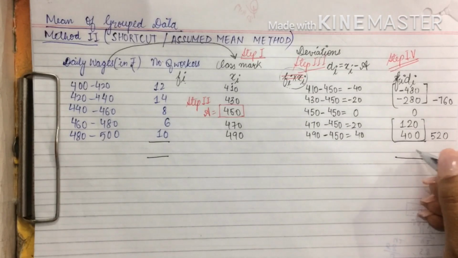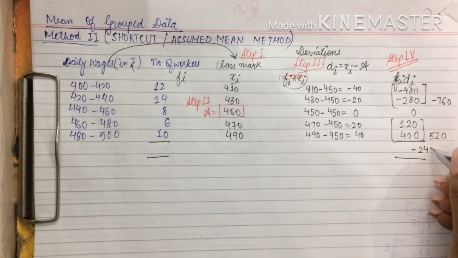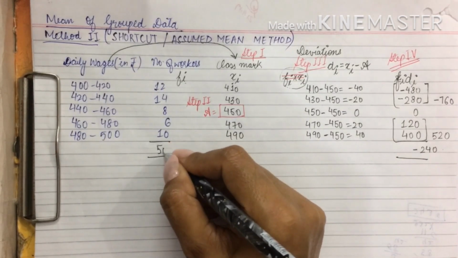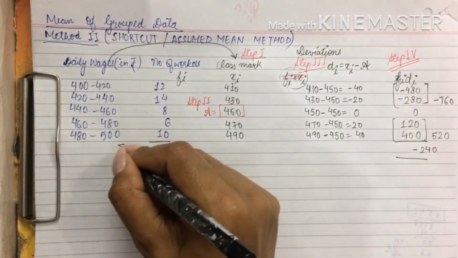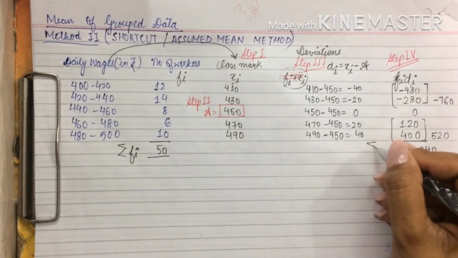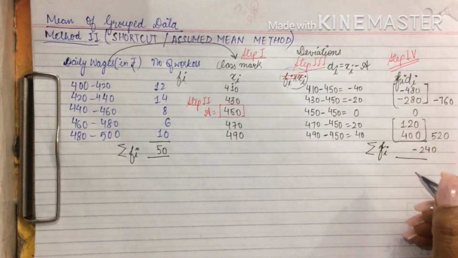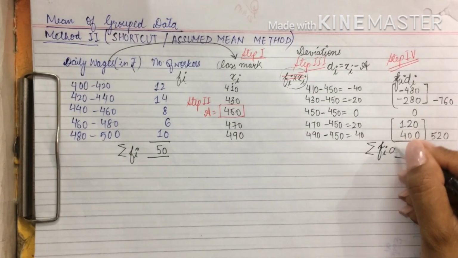Solving these, the total is minus 240. Don't forget the signs, be very careful; these will affect your answer. The total of the frequencies gives me the number of observations, which is 50 in this case. This is the sum of frequencies and this is the sum of the products, which were obtained by multiplying the frequencies with deviations.